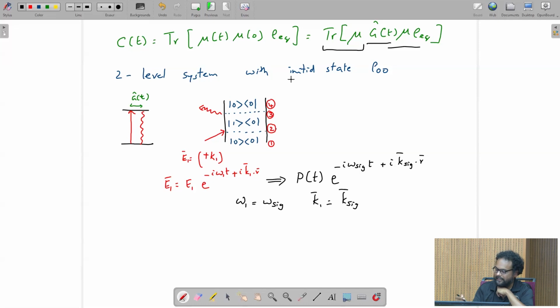So this sequence of events is intrinsically present in the expression for the correlation function. Make sense?